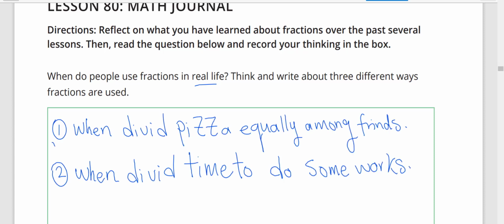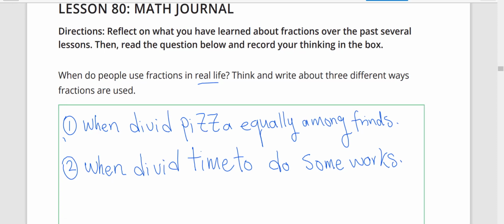For example, when we divide pizza equally among friends. Another example, when we divide time to do some work. Think about different ways we use fractions and write them in the box.